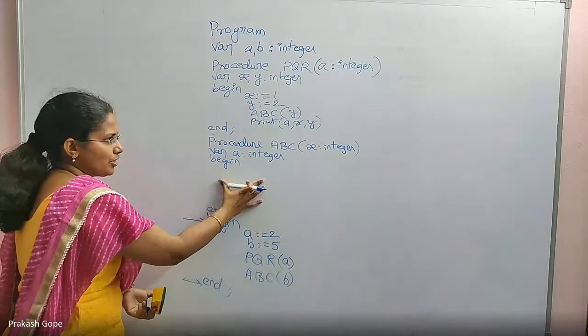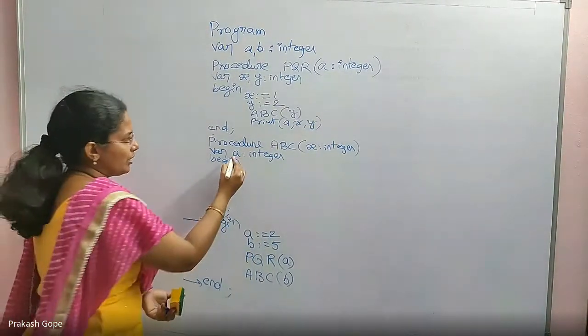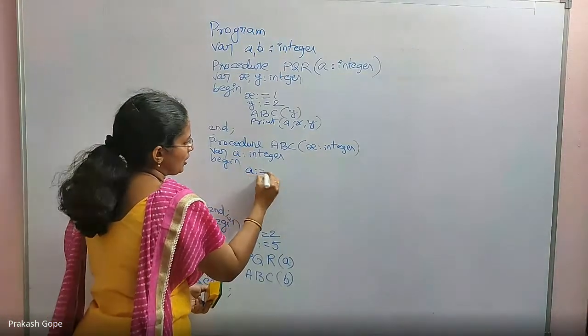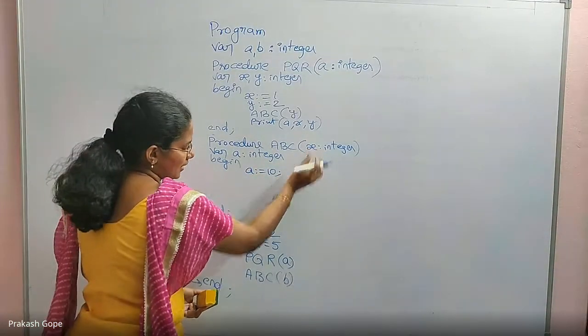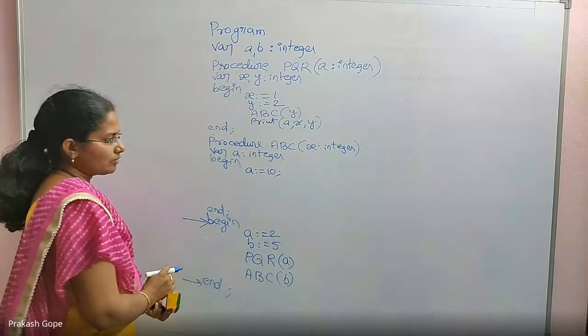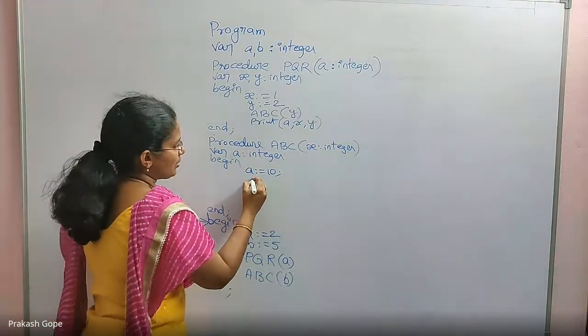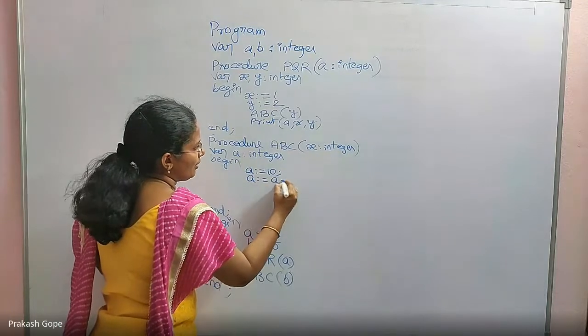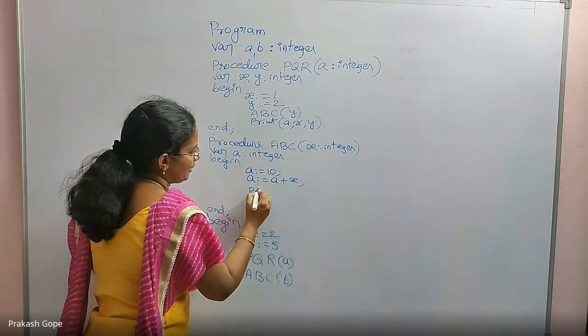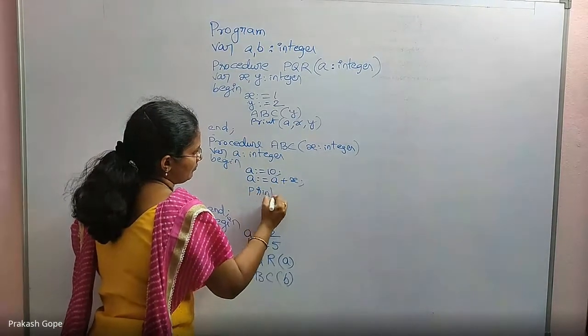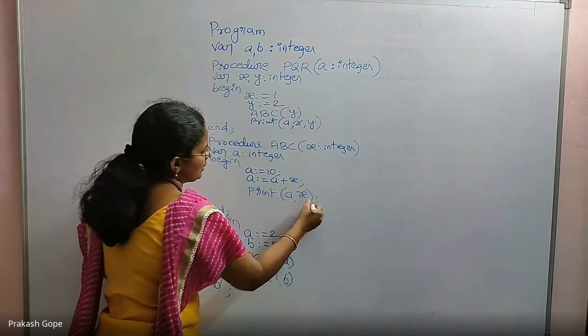Okay, in the procedure ABC, there is a local variable. I'm initializing it to 10. Okay, and already it will get a value from the procedure call. Then what I'm saying is A is equal to A plus X. Then print A comma X, something like this I have written.